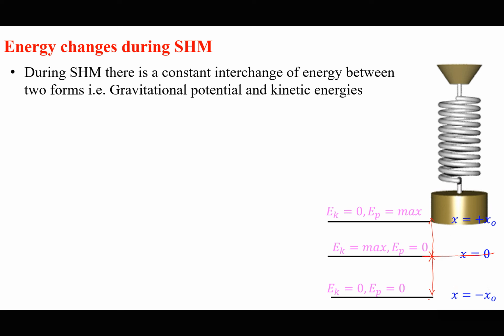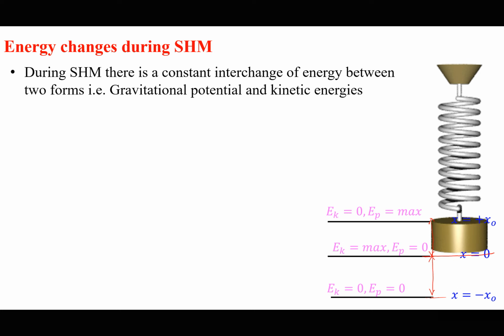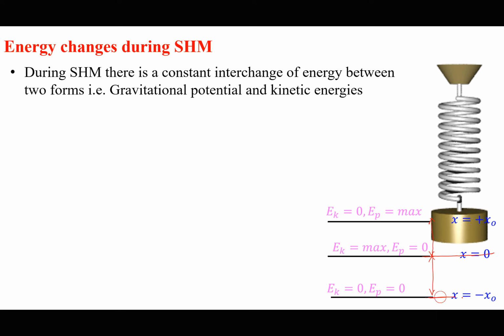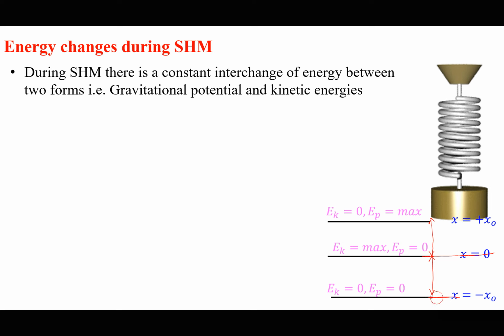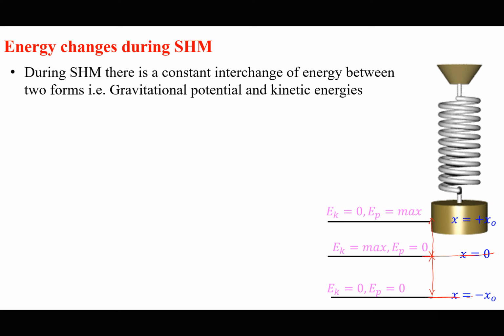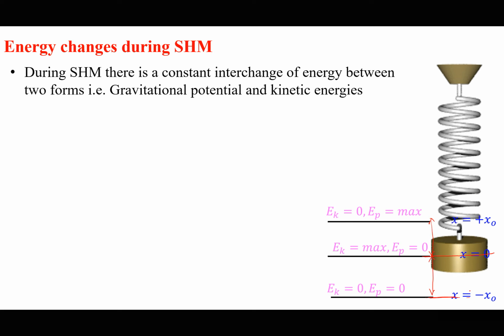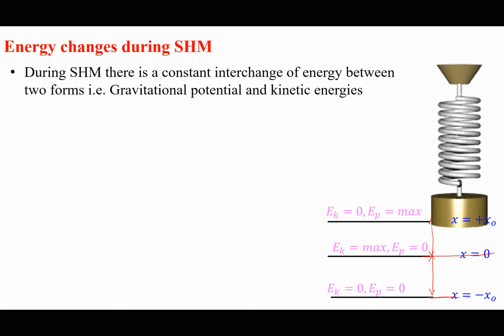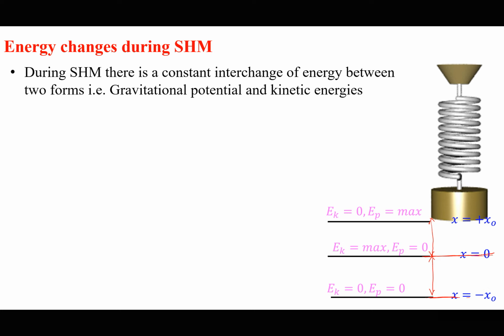But if we take this as the reference point, then the potential energy here would be considered to be zero. And at the extreme point, the kinetic energy also becomes zero because it momentarily comes to rest.